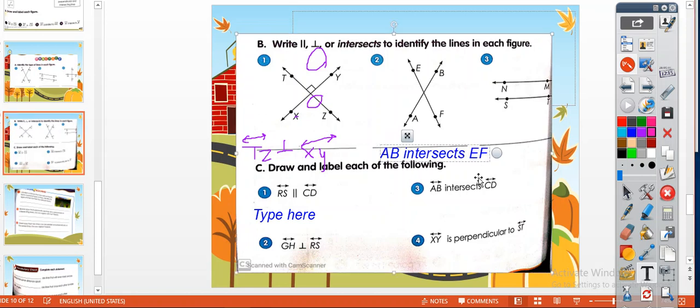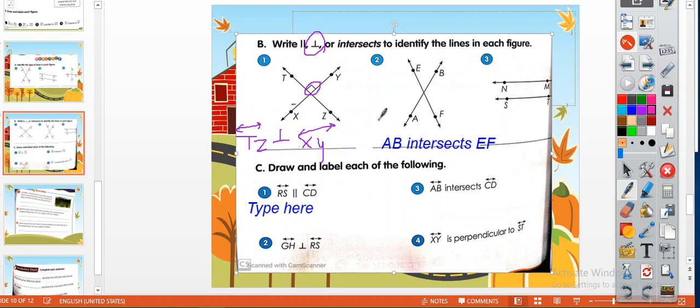And don't forget to put the lines above the line's name. And finally here you will write ST, and the sign here, and you will say parallel to NM. That's it.